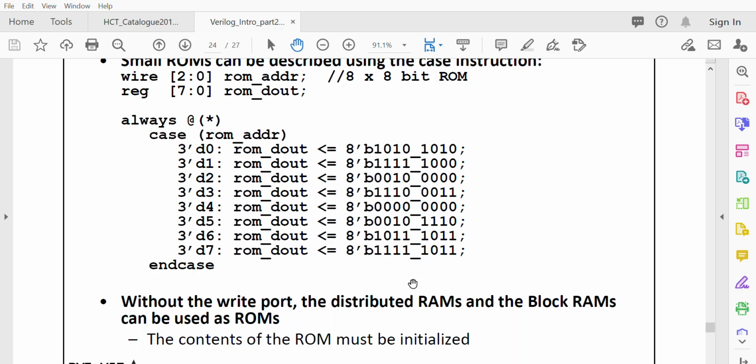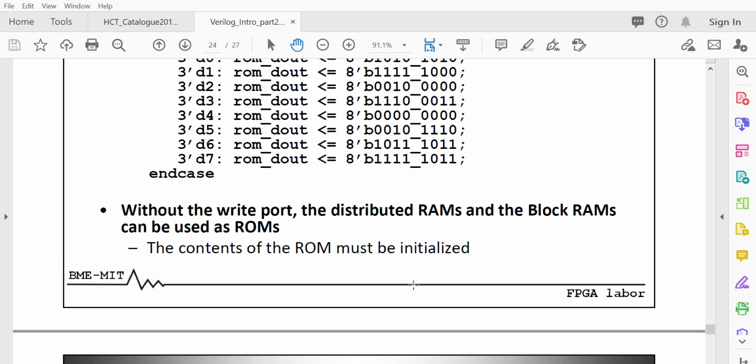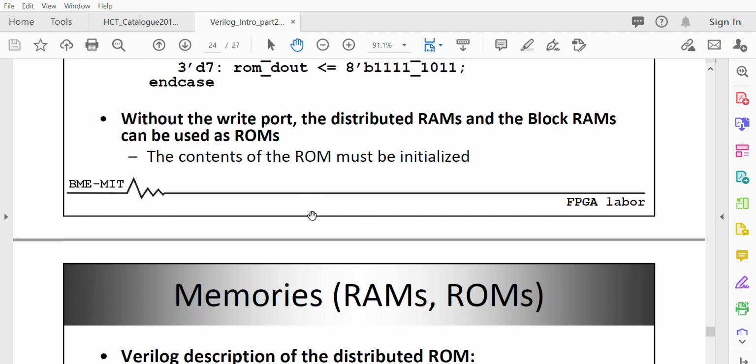This is a ROM. Without the write port, the distributed RAMs and the block RAMs can also be used as ROMs. They are not ROMs at fabrication, but they are ROMs in terms of functionality. They will behave as ROMs.